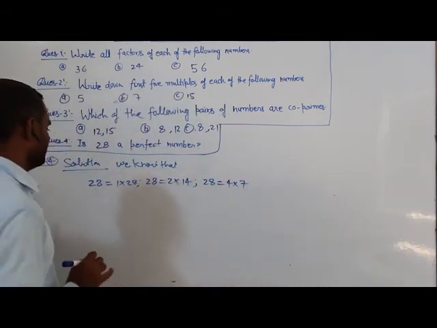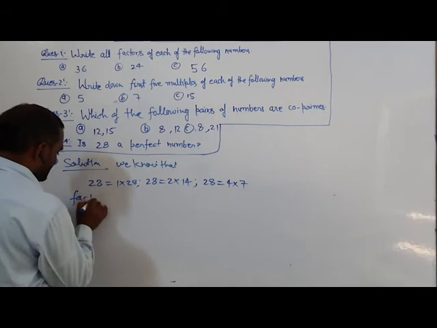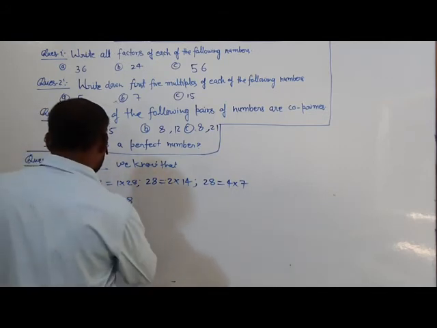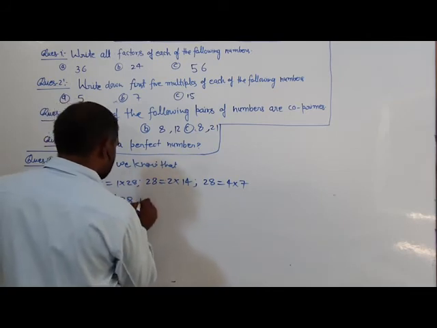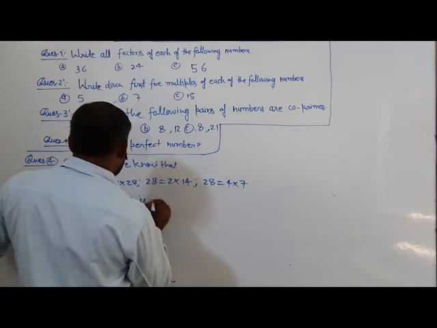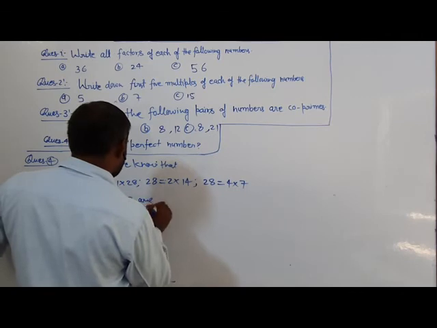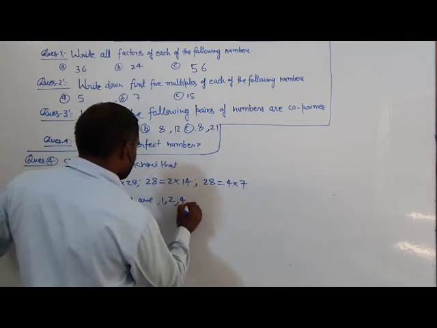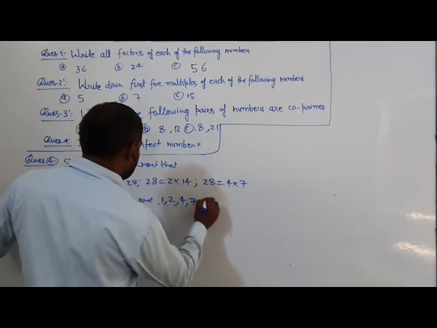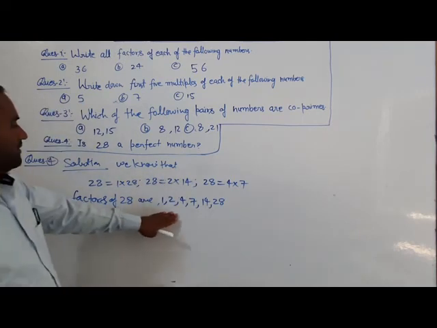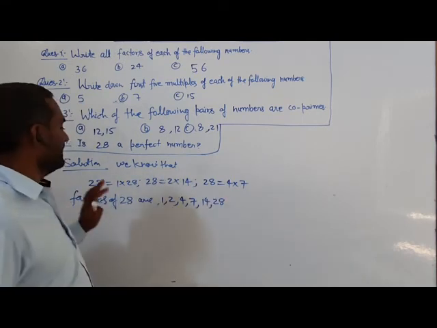So here factors of 28 are 1, 2, 4, 7, 14, 28. These are the factors of 28.